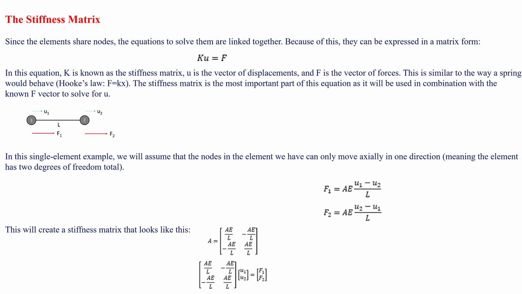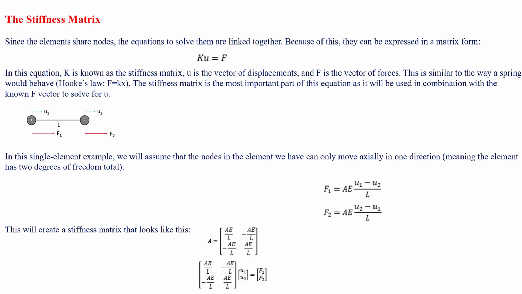We'll consider a single element example. Assume that the nodes in the element have the axial loading condition. The formula is F1 equal to A E into (U1 minus U2) divided by L, and the same for F2.